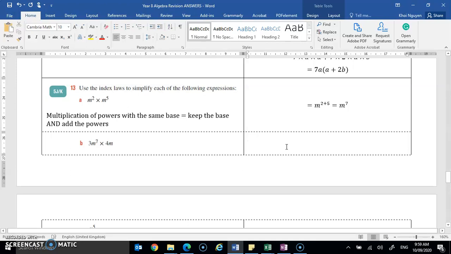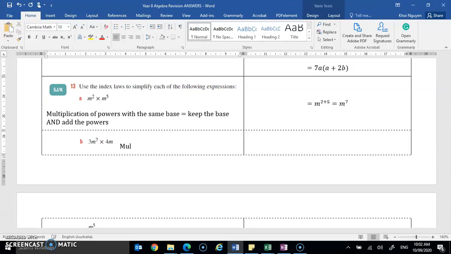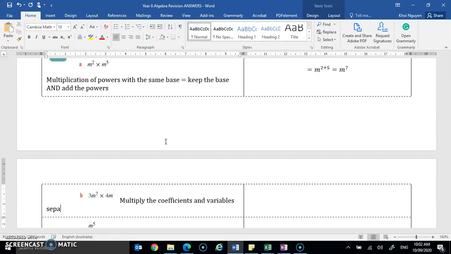We multiply the coefficients together separately, and we multiply the variables separately.